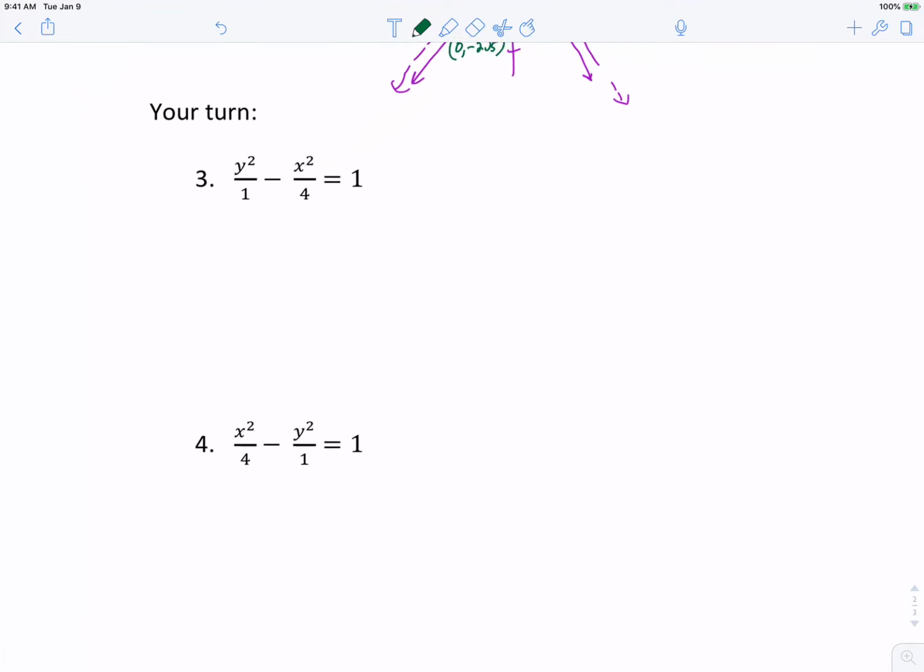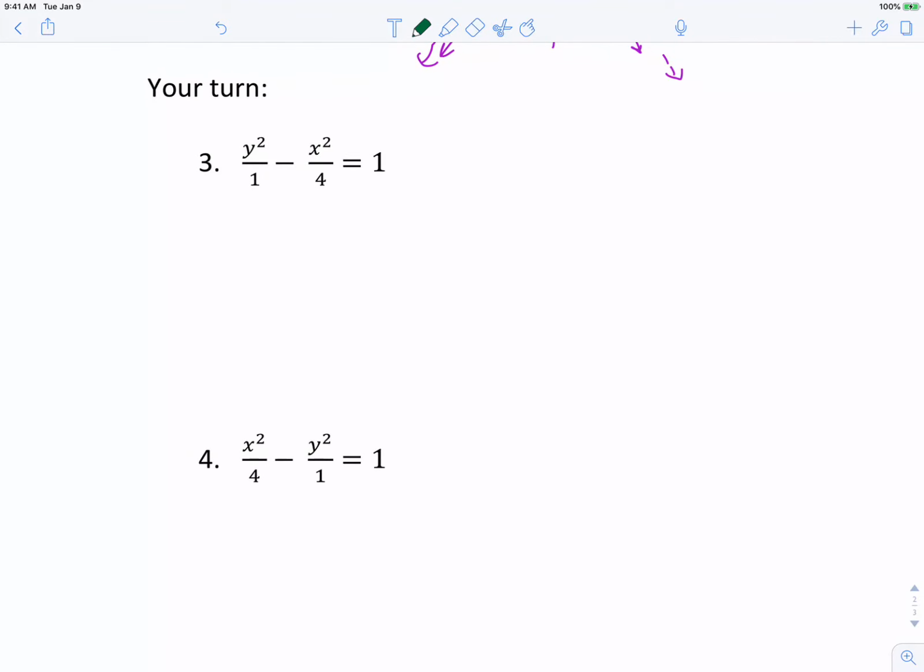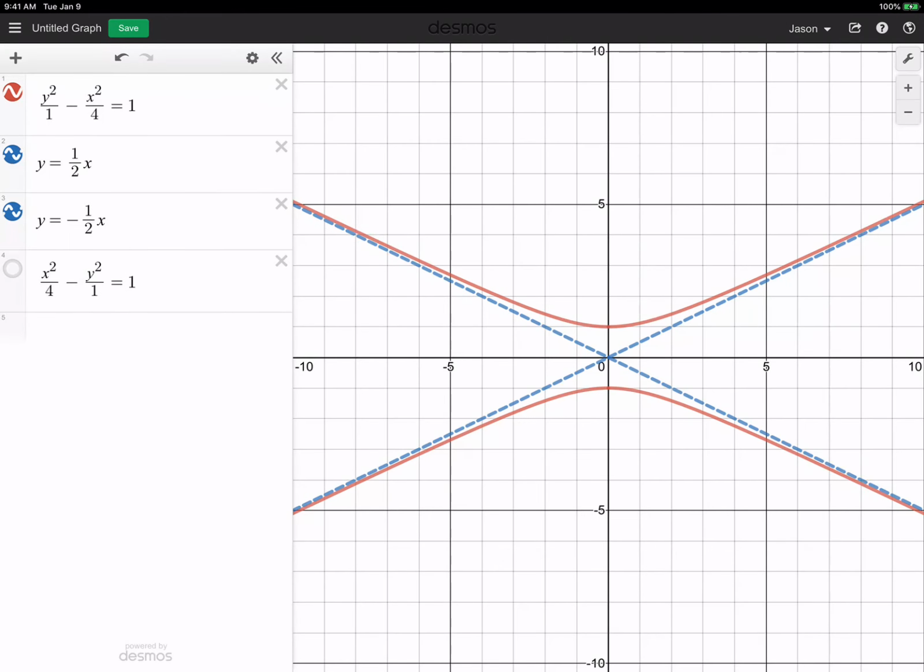All right, so you're going to pause the video here now and see if you can graph these two. Okay, welcome back. So this is what you should have gotten for the first one. You've got your asymptotes in blue, and their equations are 1/2 x and negative 1/2 x.